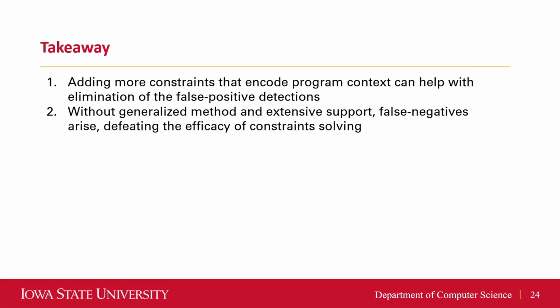Any questions? Hi, how fast or slow is your approach compared to LLOV and OpenMP? I did not measure that, but to give you a hunch, it's actually slower, because the AST traversal is done with the Clang front end, and for the formula creation and actually solving the constraints, we use Python.